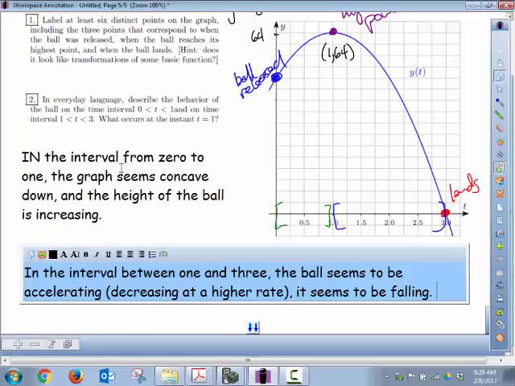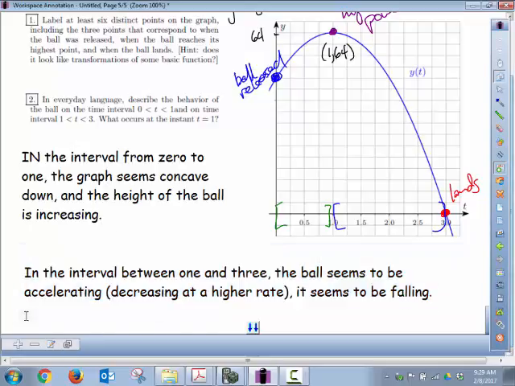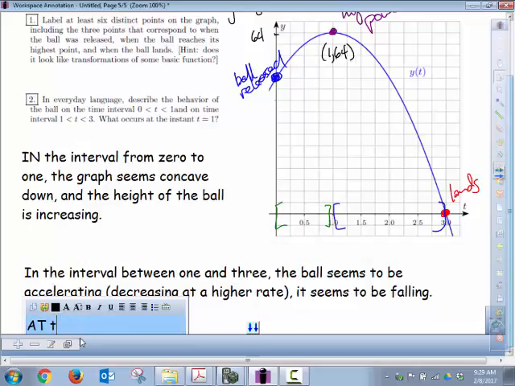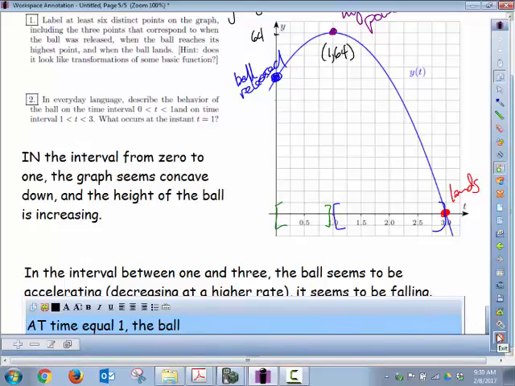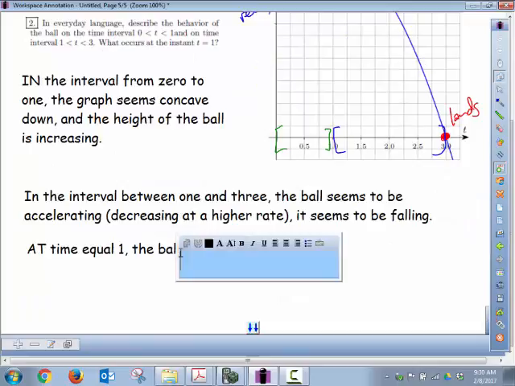And what occurs at the instant t equal to 1 second? What's happening with the ball? Seems like it, huh?